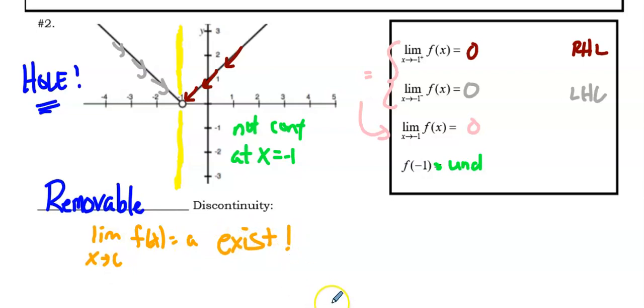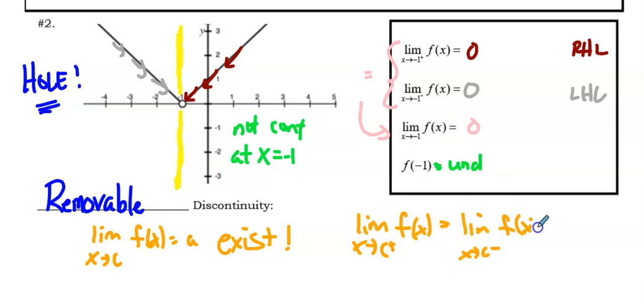That means the right-hand limit is always going to be equal to the left-hand limit, and therefore the overall limit is going to exist. For the other two discontinuities, the limit's not going to exist at all. So if I ever say a function is discontinuous, however, the limit is equal to a number, you already know it's removable and there's a hole there.